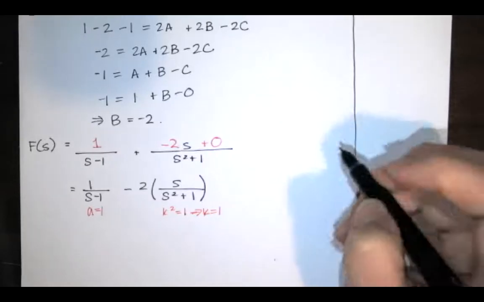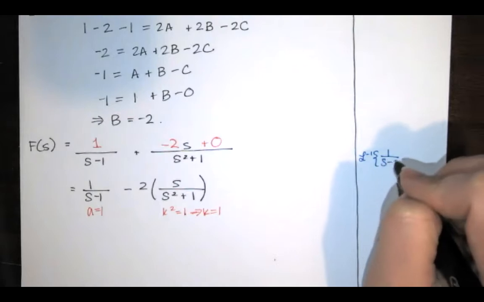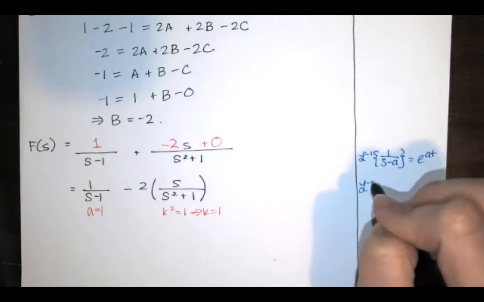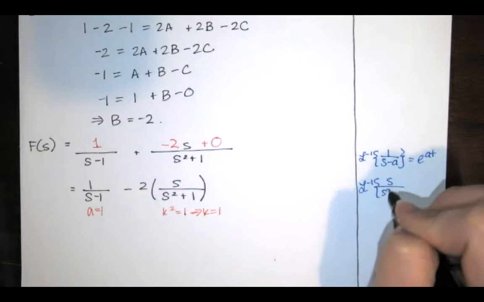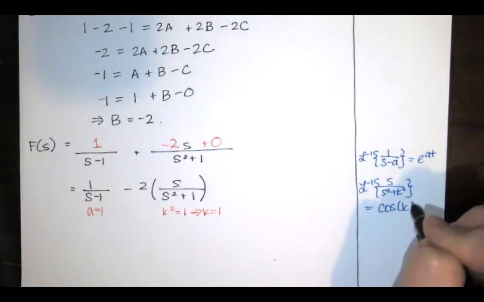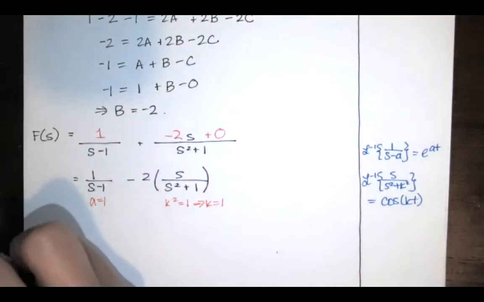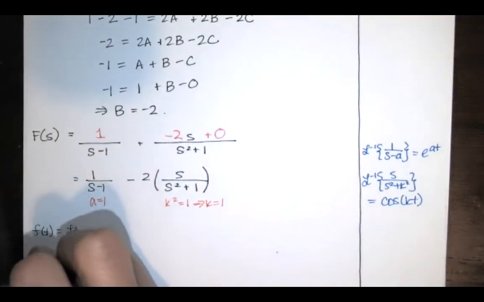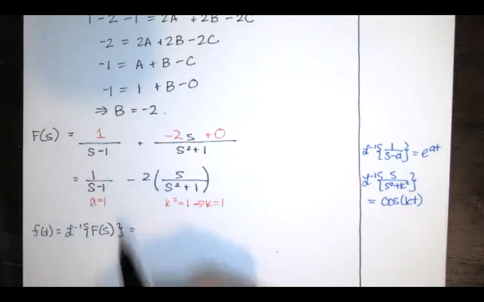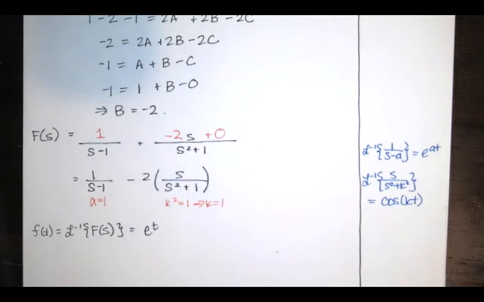Okay, so what I'm using here again is going from that right column to the left column, and taking the inverse transform that way. The inverse transform of 1 over s minus a is e to the at. If a is 1, it's going to be e to the t.